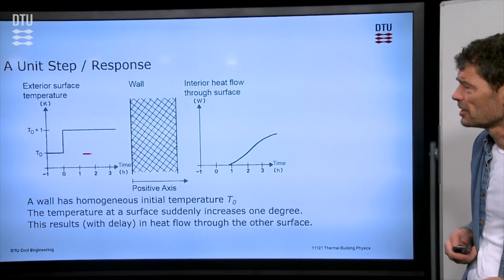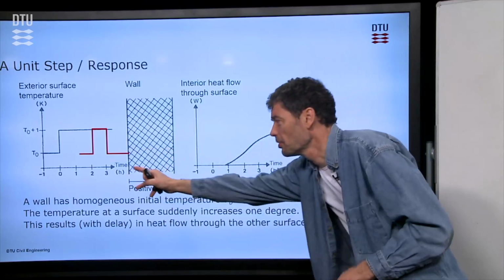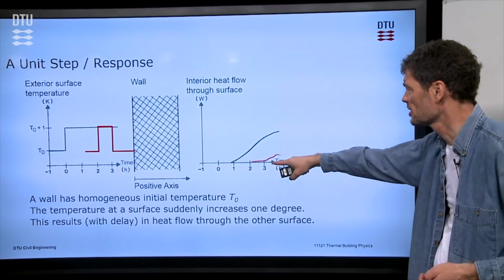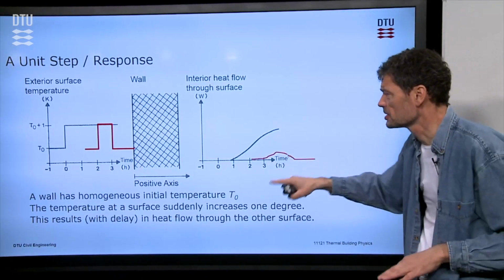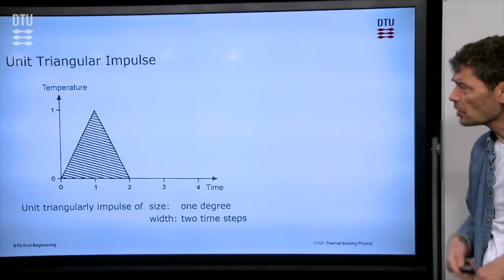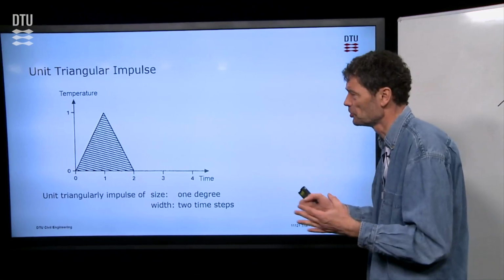We could also have another condition: what if that increase in temperature lasts only for 1 unit of time, 1 hour, for instance? Then the response on the other side will of course increase, and then decline again. That's the response, and that was the impulse we put on the left-hand side. We could also look at other impulses, still a kind of unit impulse.